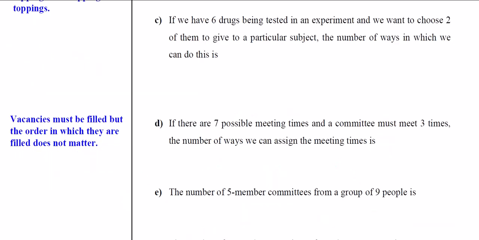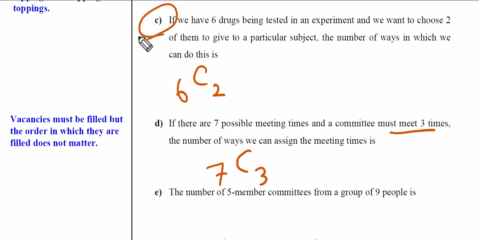So let's look at some more of these general setups. If we have 6 drugs that are being tested and we want to randomly choose 2 to give, that will look like 6C2. If we have 7 possible meetings and they must meet 3 times, 7C3. You can of course put these on the calculator. And again, notice that C didn't say anything about order or arrangements.